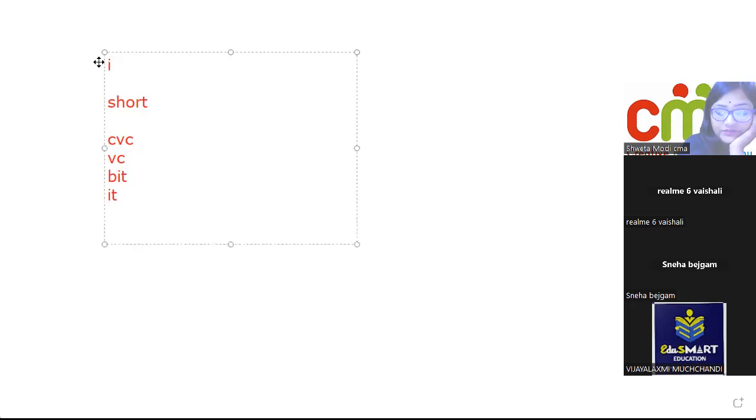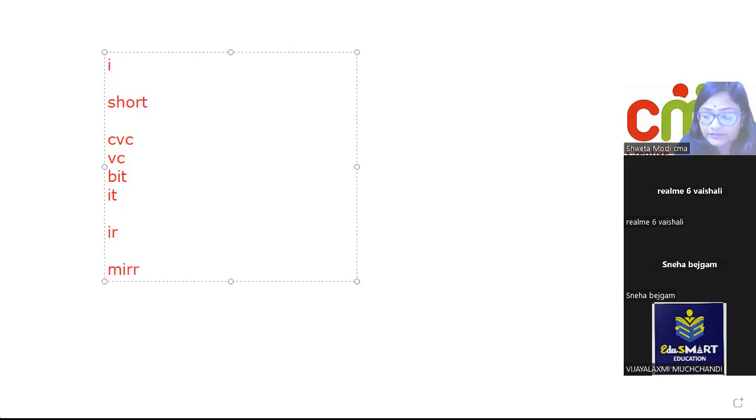Now, we have done it's an alternative for the R sound. So when it comes with R, there's the bossy R rule. Again, bossy R will not have any effect when you have double R. Bossy R works only when it is a single R. Wherever you have two R's, it will take away that effect.